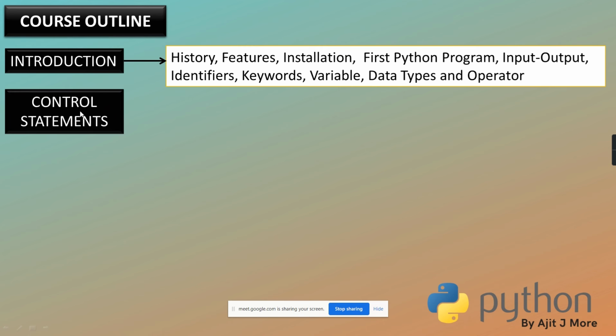Then the second chapter is control statements. This is the heart of every programming language. No programming language is complete without control statements, because these instructions help us solve many complex problems. A lot of problems cannot be solved without this. In this we'll be learning conditional statements like if, else, elif, iteration statements, that is repetitive statements or looping.